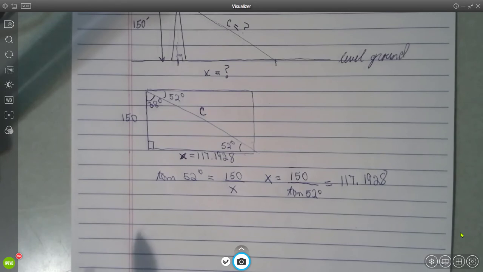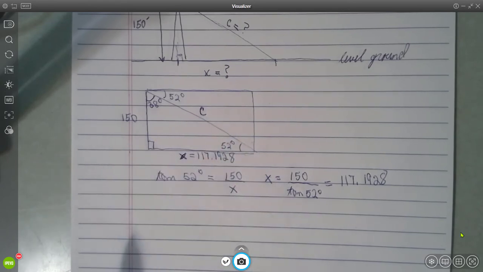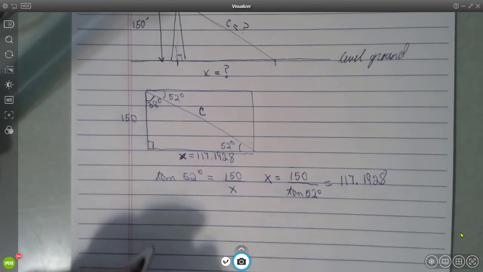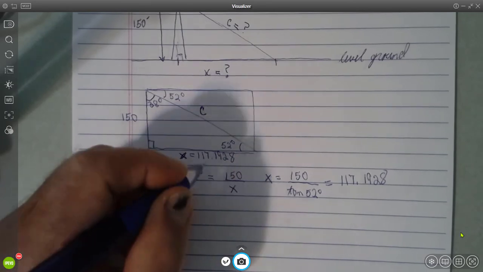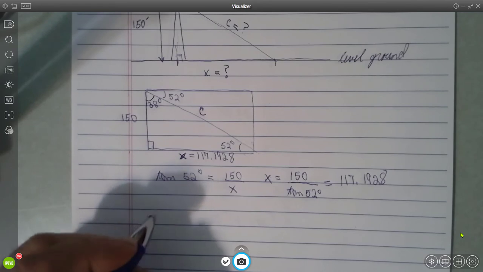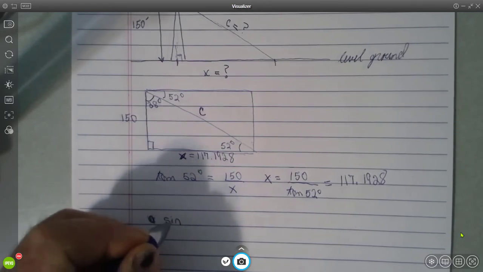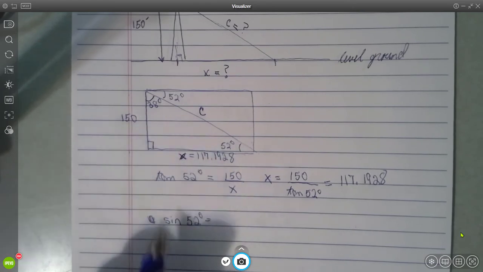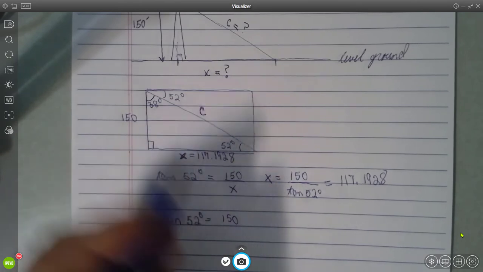All right, that gets us this distance, and now we're after the length of the cable. The length of the cable we could compute with a trig function again, or we could use this with the Pythagorean theorem. Why don't we do a trig function, since we won't have to rely on a computed value then to get this one. So the sine of 52 degrees is the opposite side over the hypotenuse.